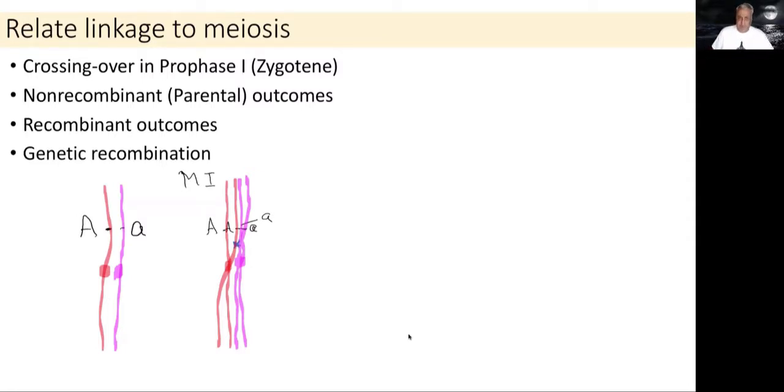So what happens subsequently during anaphase 1? So let's write that down. Anaphase 1, the homologous chromosomes will be pulled apart. And the red chromosome will go one way, like this.